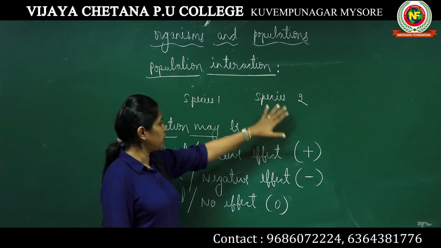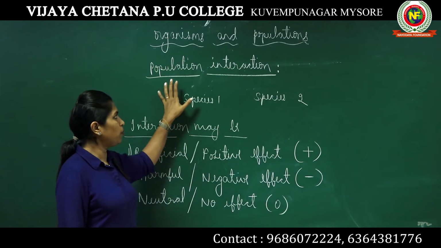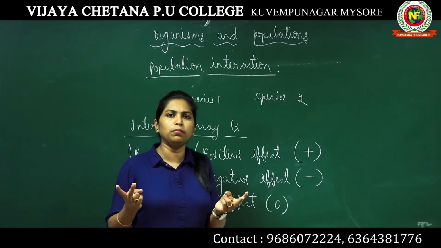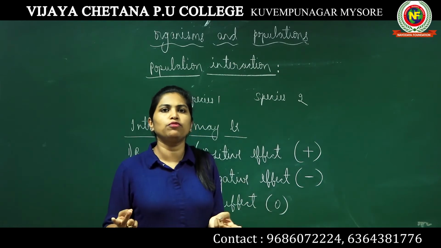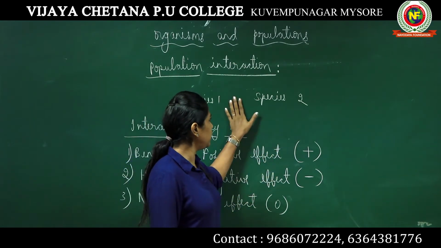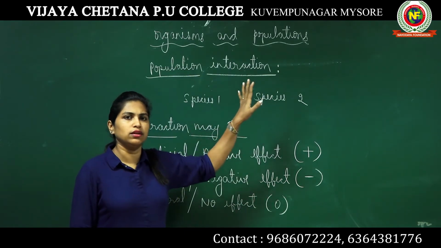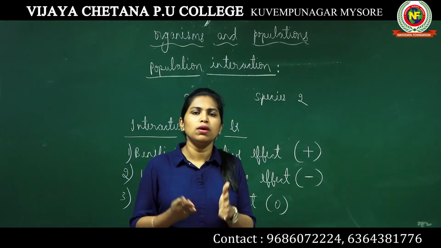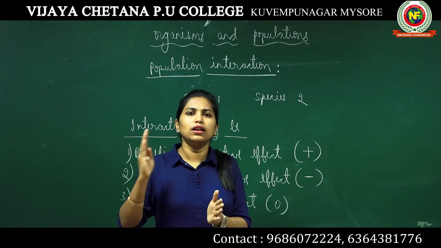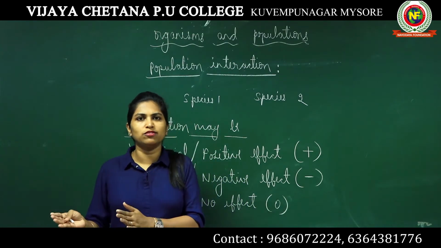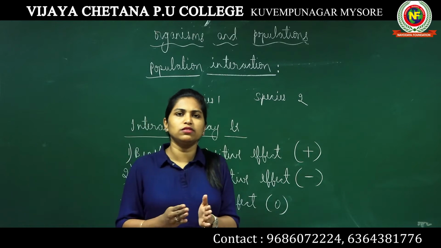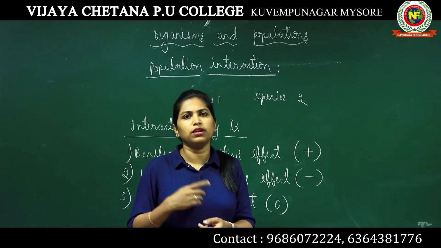So what did we study? Population interaction. When two different populations belonging to two different species interact with each other, it is known as population interaction. When we live in an ecosystem, every species lives in association with some other species. Every species will interact with another species.